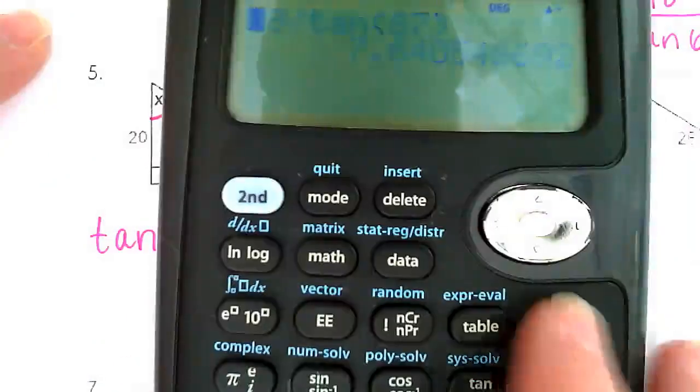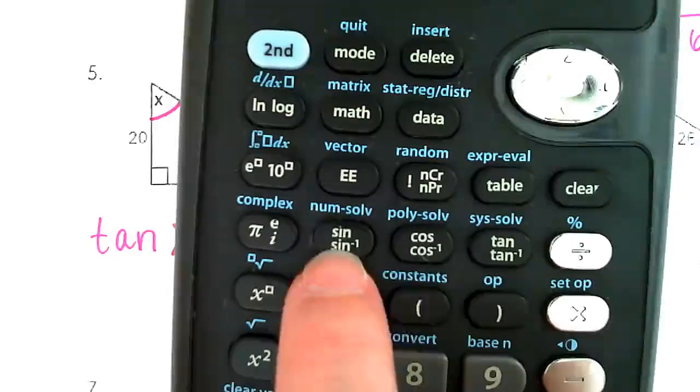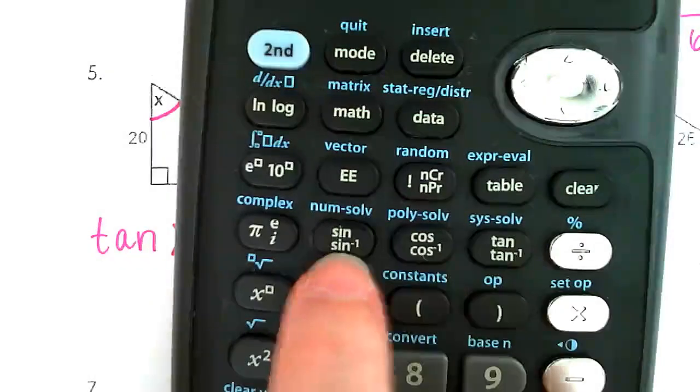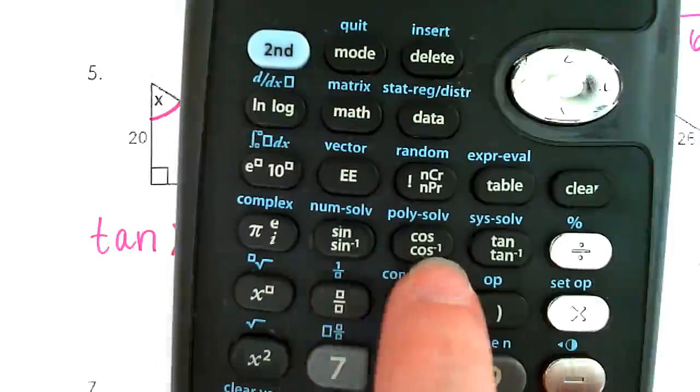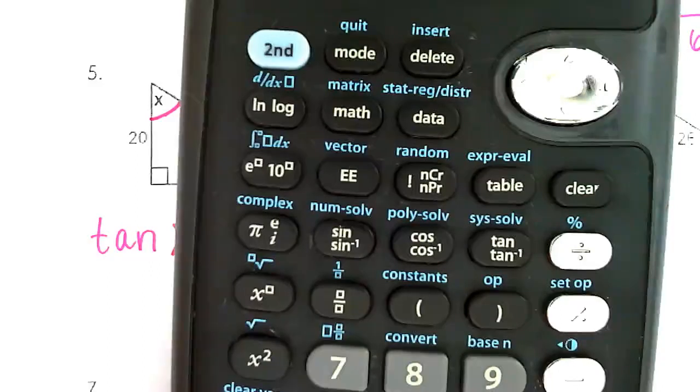So here's the deal. Let's take a look at our calculator here. This button I would double click to get the inverse to show up. If you see the sine with the -1, the cosine with the -1, tangent with the -1, those are the inverse functions. Those are the buttons we use if we don't know the angle.